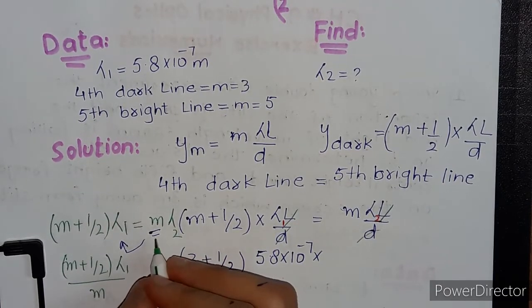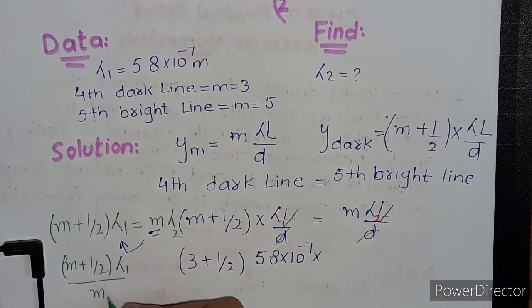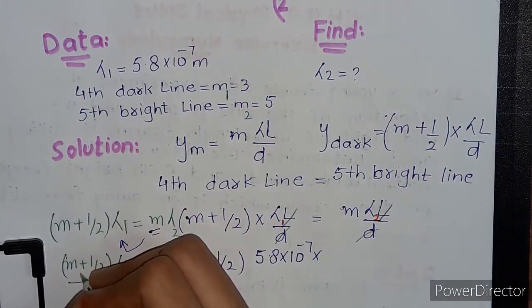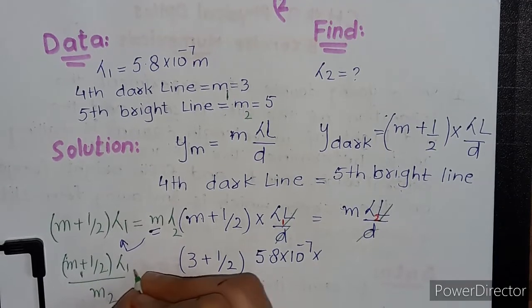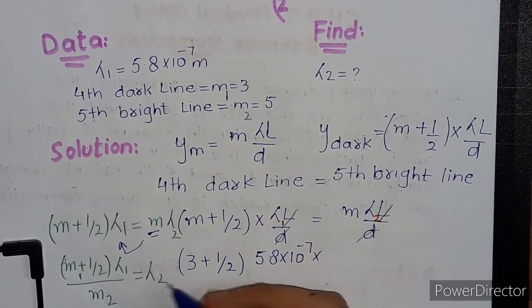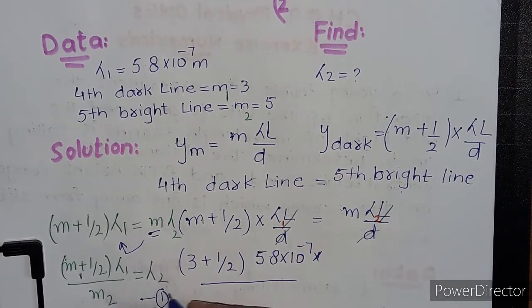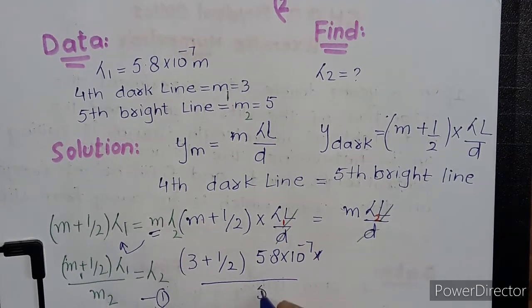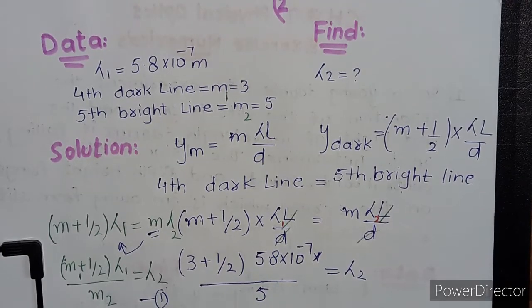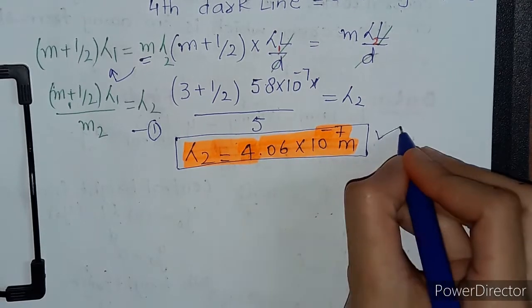This is for the dark one, and this is for the bright one, so we can denote it as m2 and m1 for the difference, and this is equal to lambda 2. Now putting the values in this equation, 3.5 times lambda 1 divided by m2, whose value is 5, is equal to lambda 2. Now solving it, we will get the value of lambda 2: 4.06 × 10^-7 is the answer for lambda 2.